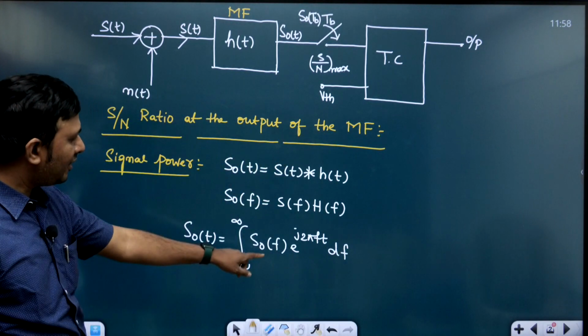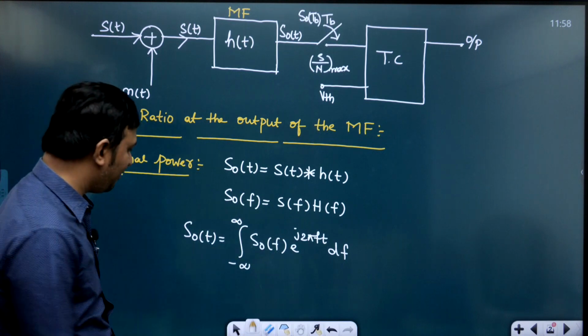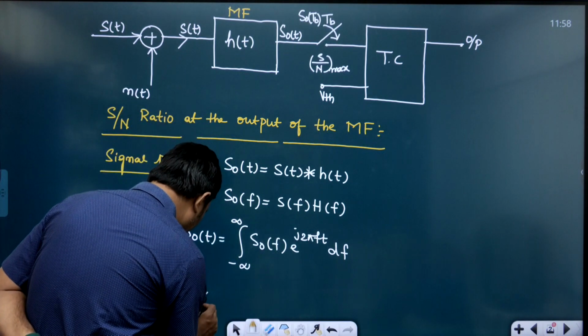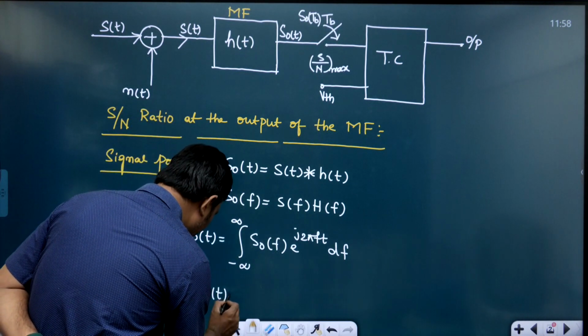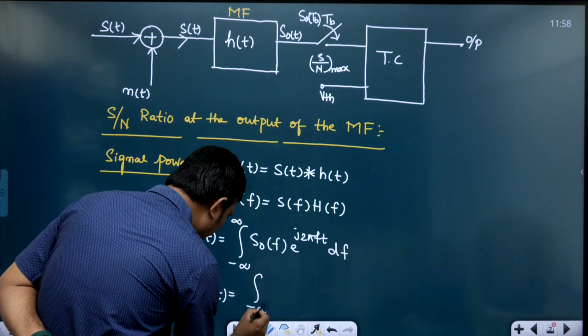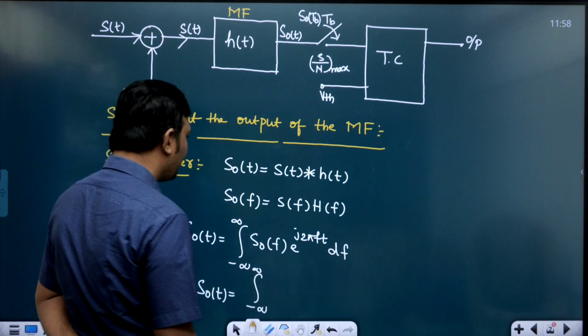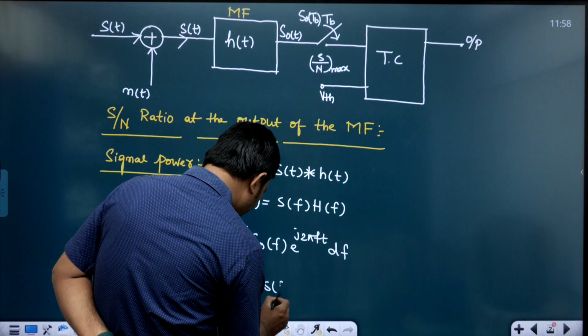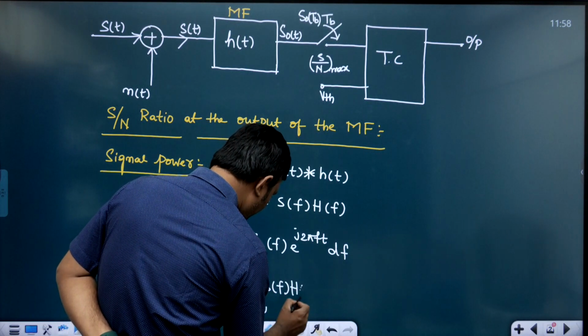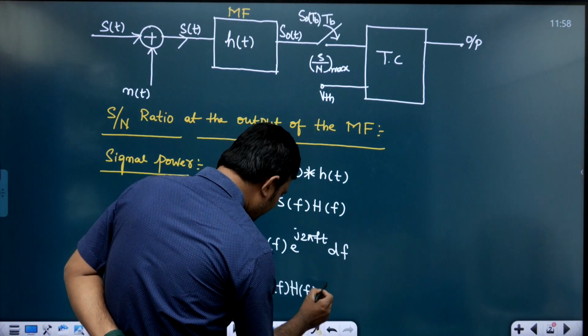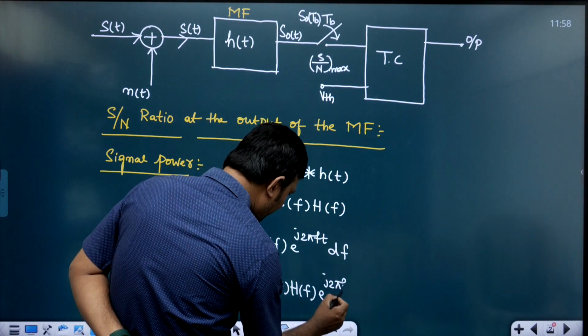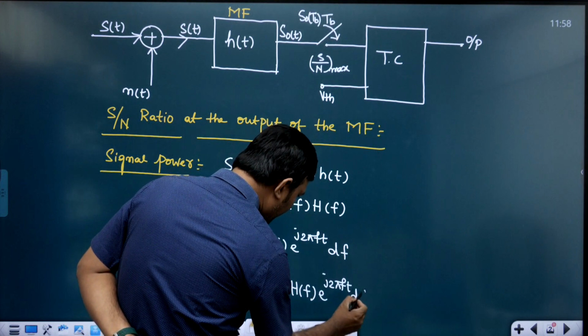Now what is S naught of f? S of f multiplied with h of f, no? So I can write like this: S naught of t is equal to integral minus infinity to infinity S of f, h of f into e power j 2 pi f t df.